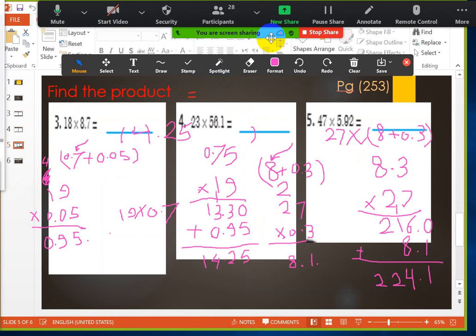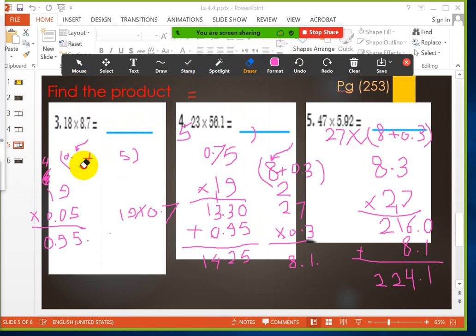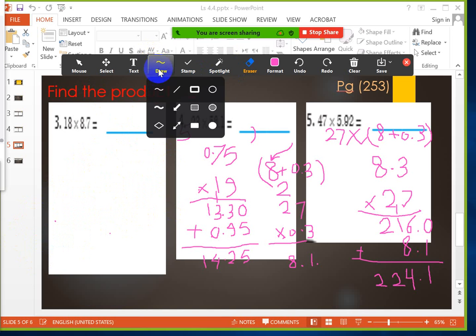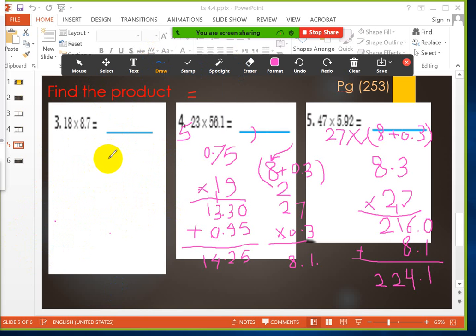Now let's do number 3, 4, and 5. I will start with number 3. 18 multiply 8.7 tenths by using expanded form. So I want to multiply first 8.7 with 18. What's the expanded form for 8.7?